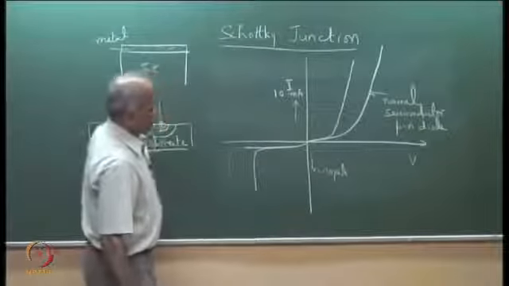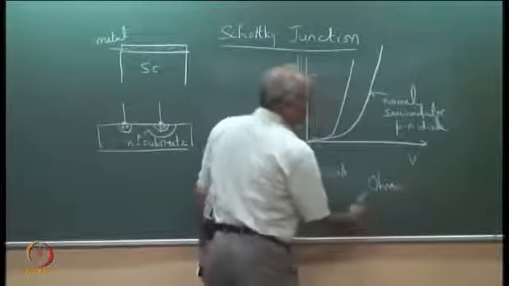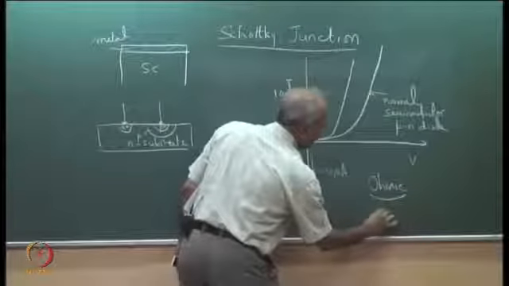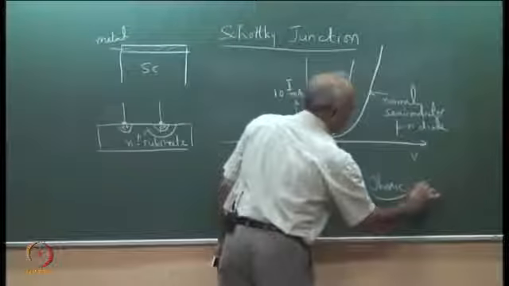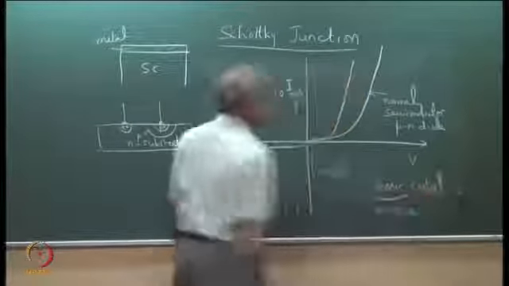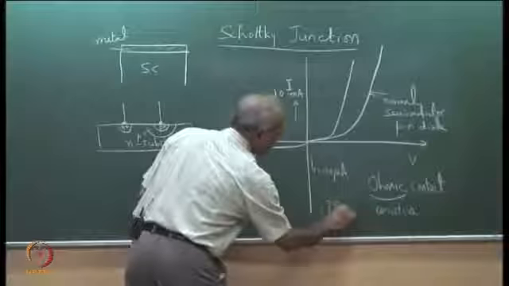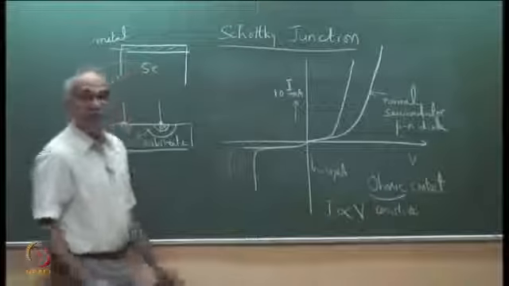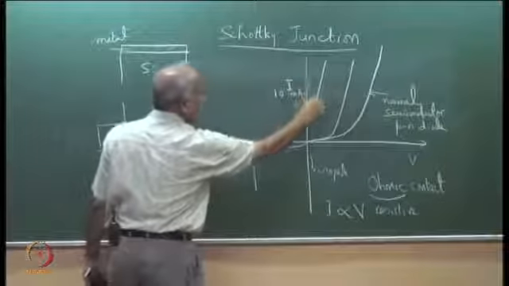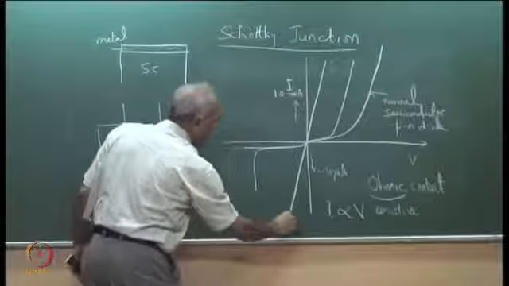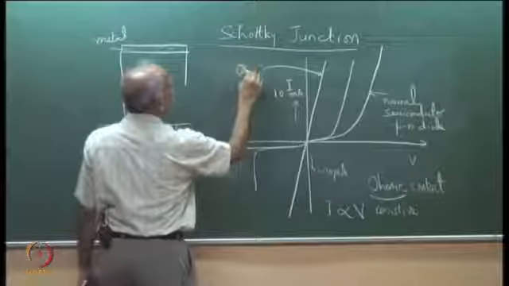We call this rectifying behavior. Now, an ohmic contact, as the name indicates, means it is resistive. Which means the current is proportional to the voltage. So, I is proportional to V, and therefore we expect a linear curve irrespective of the direction. So, this is pure ohmic.